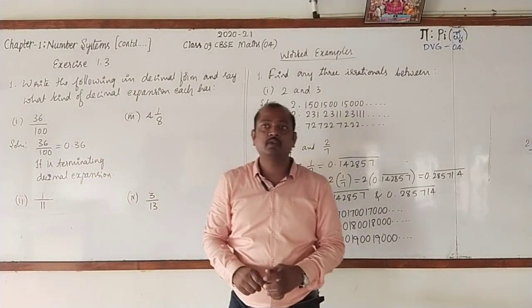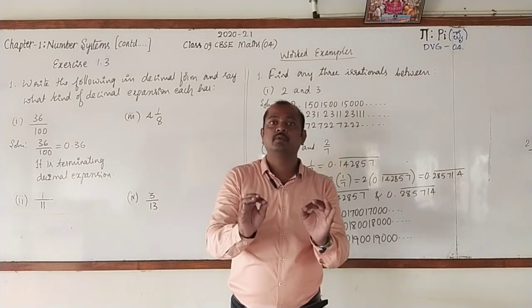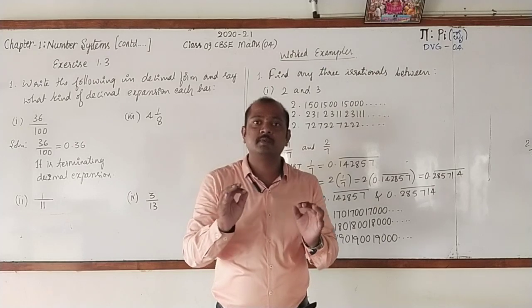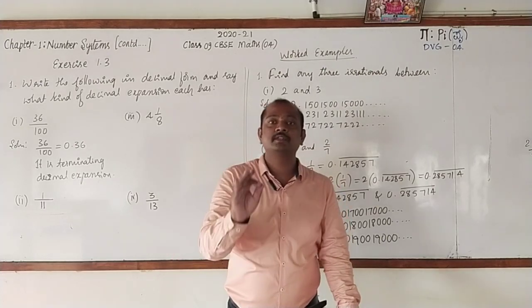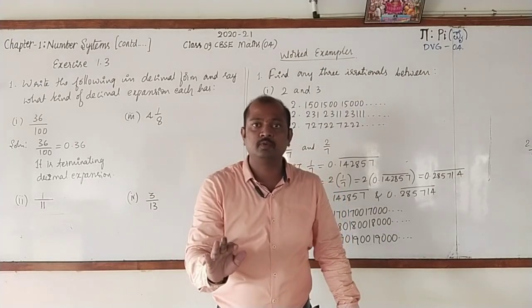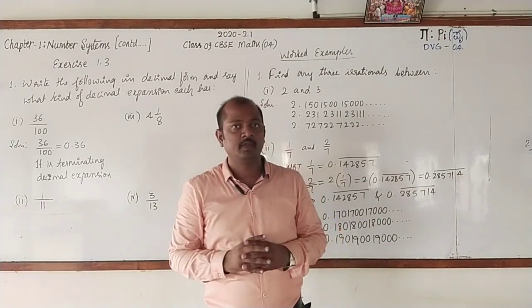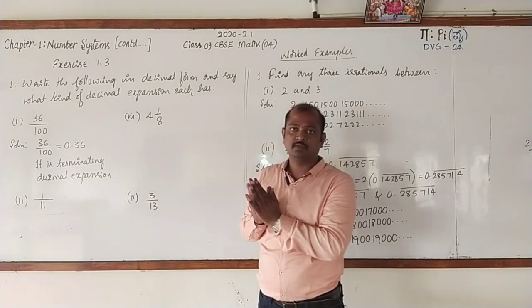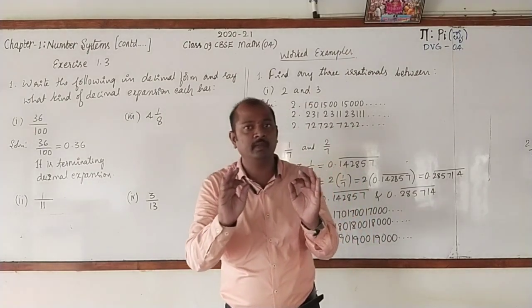Before concluding the class, let me give you one piece of information: whatever syllabus we are covering, please work it out on the same day itself. Don't keep anything pending. Another piece of information is, all the concepts we have learned today are very important.